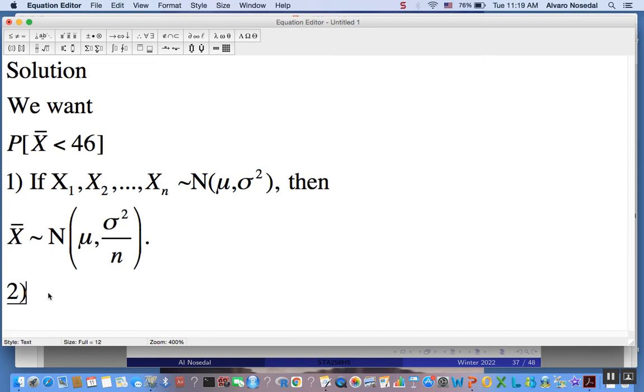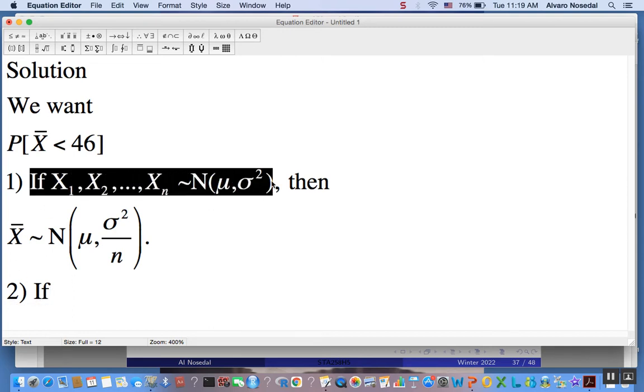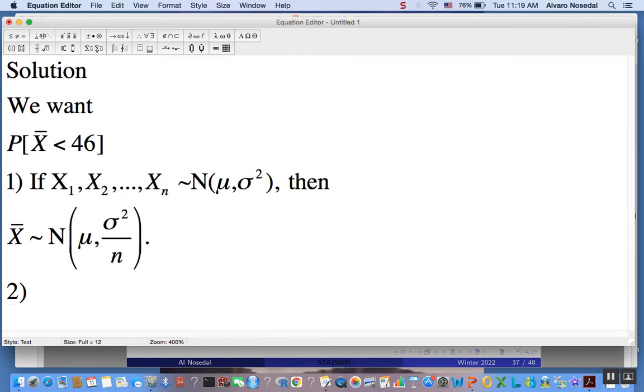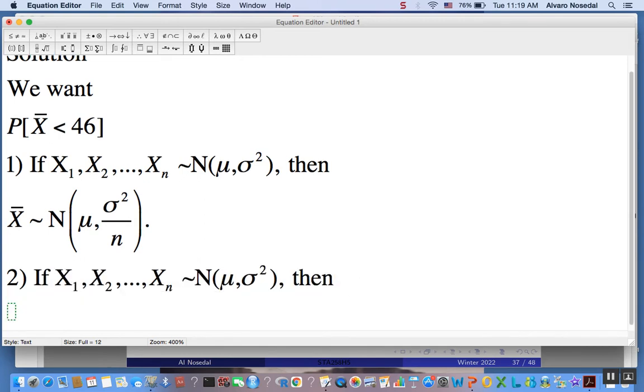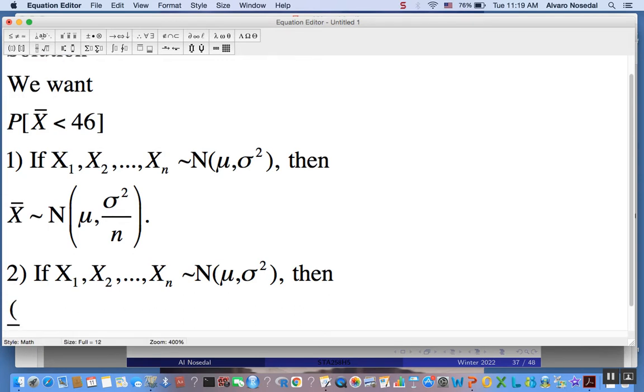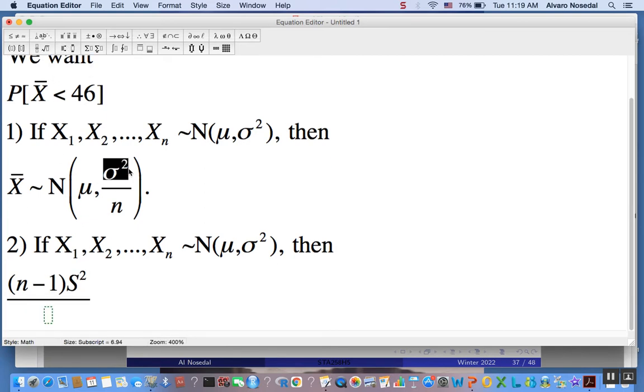There's another result. Remember that we talked about that under the same conditions, if you have a random sample coming from a normal distribution, then n minus 1 times s squared divided by sigma squared has a chi-square distribution with n minus 1 degrees of freedom.